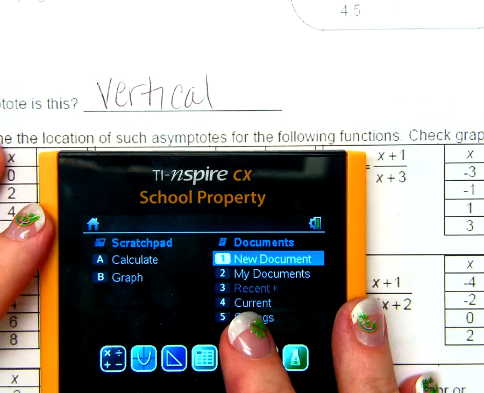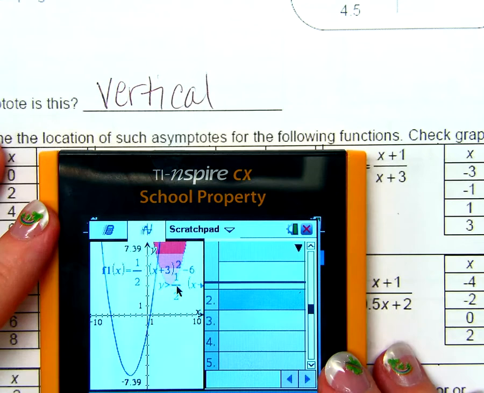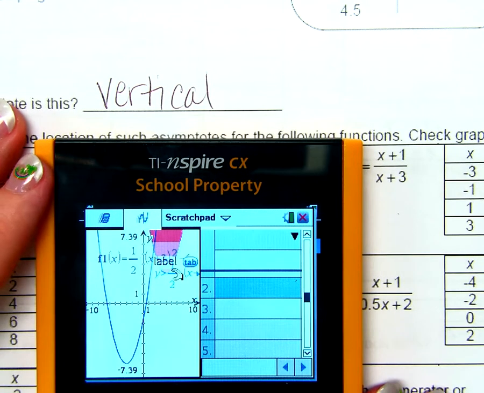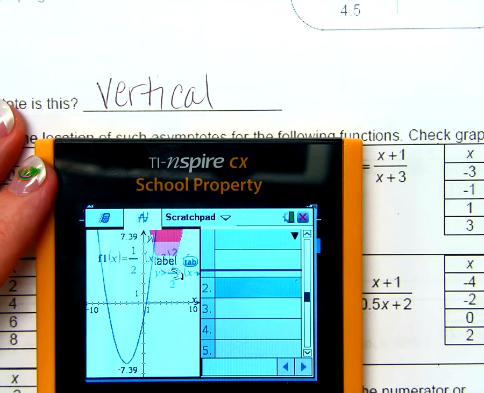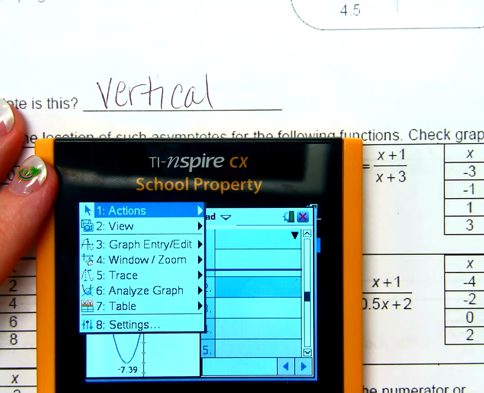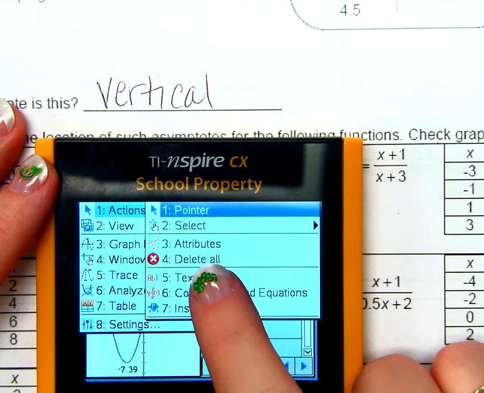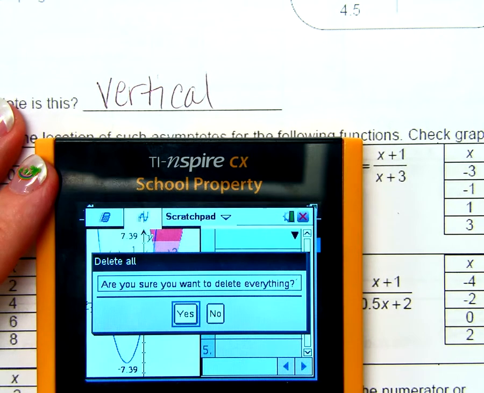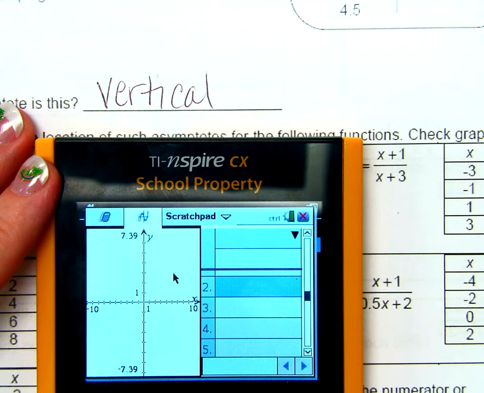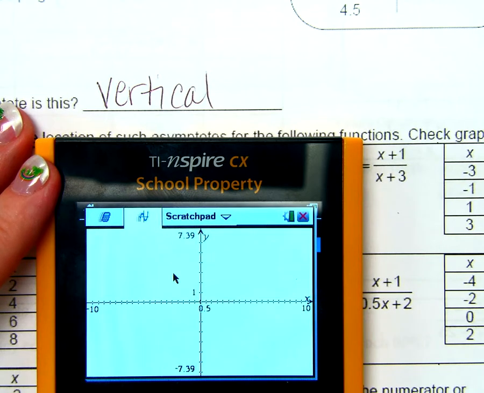Because if I go to my graph right here, this person didn't clear theirs. Please make sure you're clearing your calculators every day. Menu, actions, delete all. See that? Yes, I really want to delete all. Okay? Control T. Let's get rid of the table for a second.